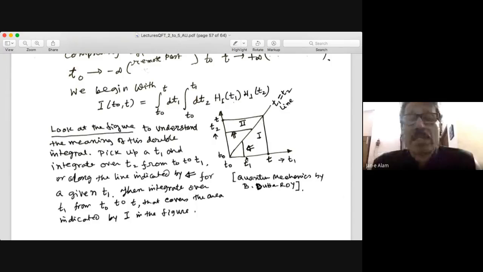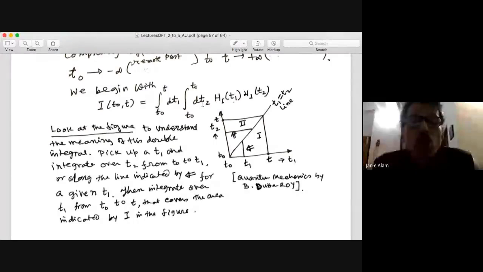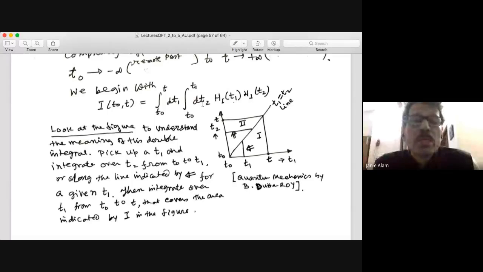To do this integration, I just pick up a value of T1 and do the integration over T2, from T0 to T1. Once I perform this integration, everything becomes a function of T1. Then I vary T1 over the entire region. By doing that, I am integrating along this particular triangle, and this particular triangle is actually half of this square.